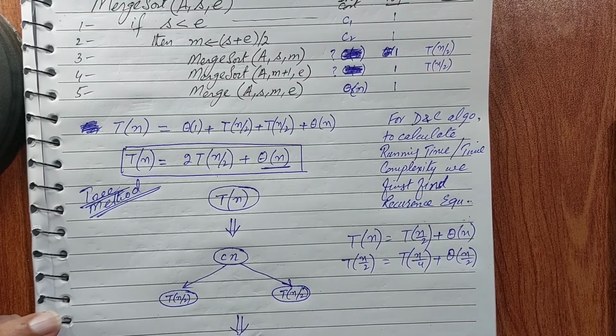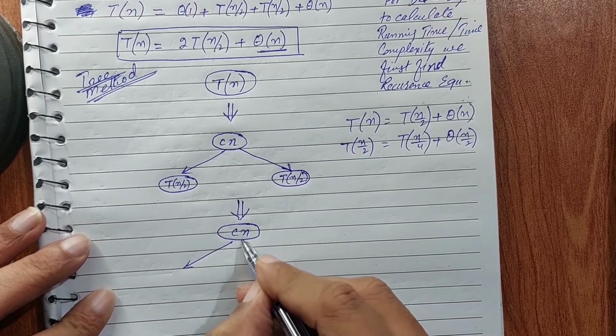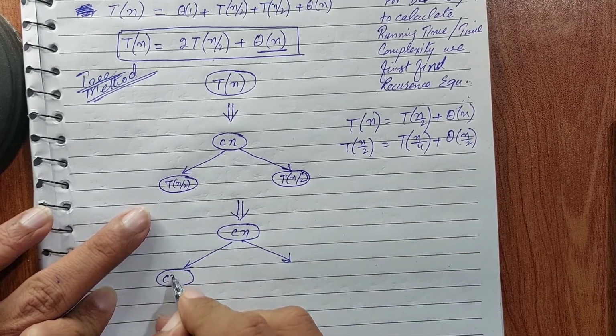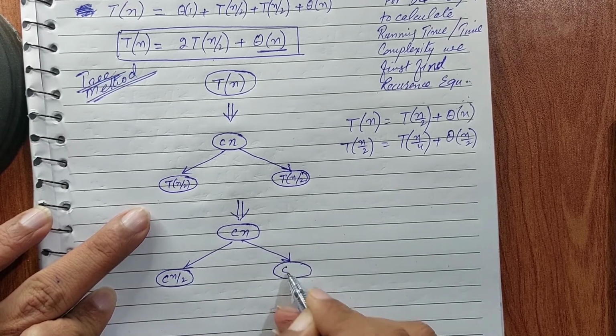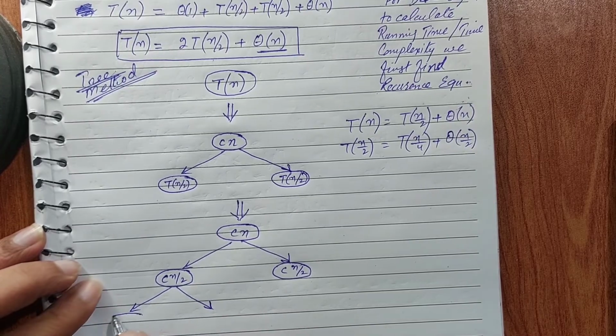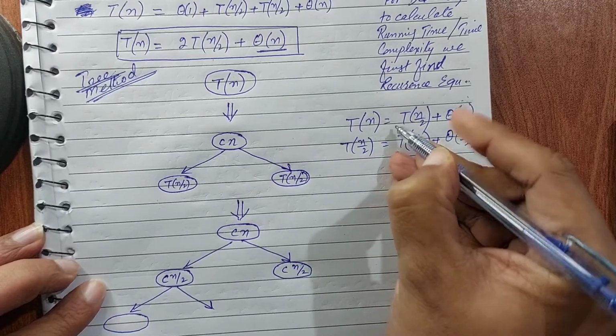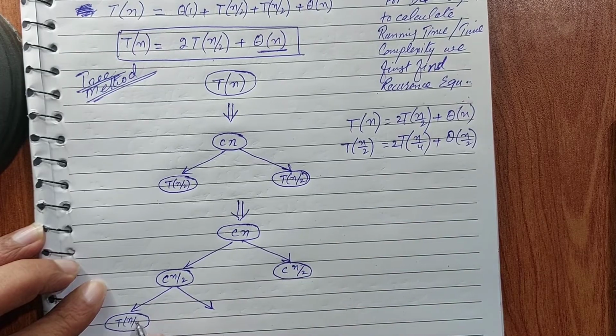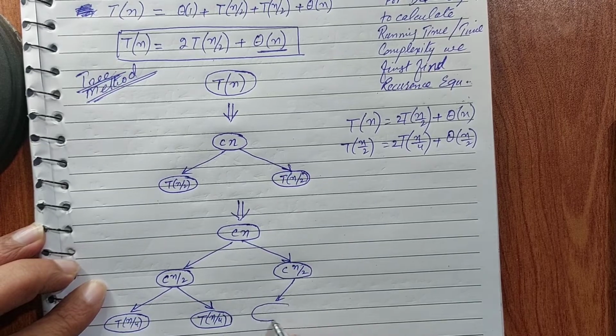Just replace these values, so you will get cn, and here the cost would be c of n by 2 and c of n by 2, and then there would be new subproblems, T of n by 4, T of n by 4, T of n by 4 and T of n by 4.